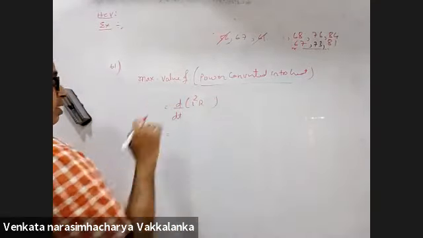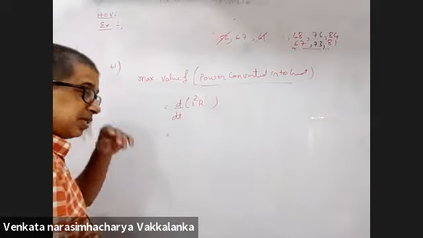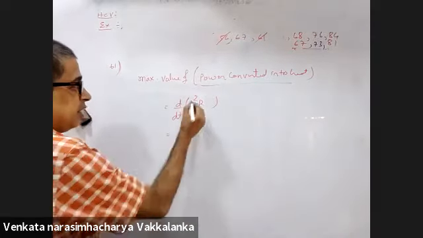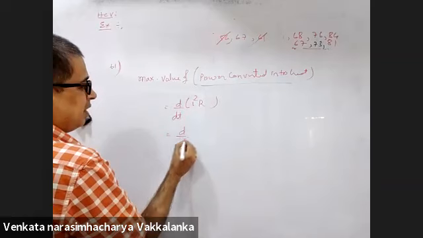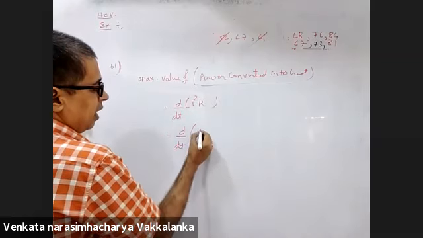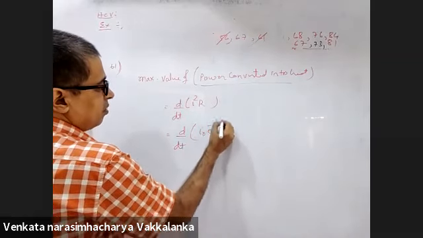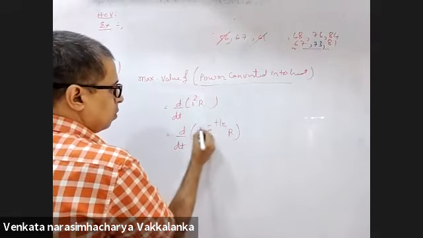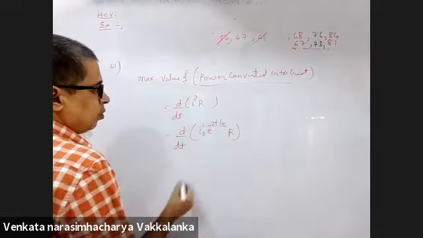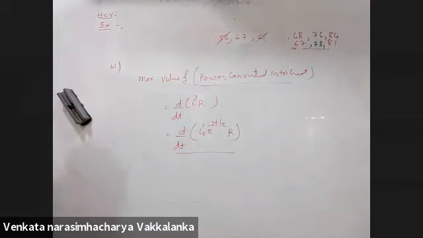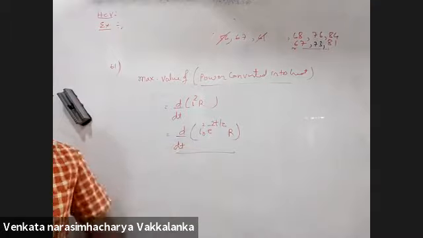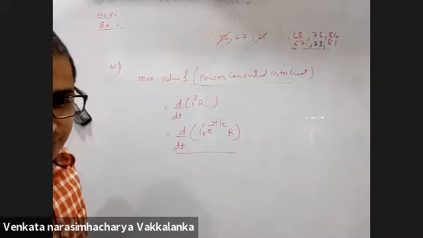I square R is power, maximum value of power converted into heat. I will be I naught e to the power minus t by tau. So I naught square 2t. Differentiate this, you get the answer. Rather, equate it to 0, you get the time. Resubstitute the time, you will get the maximum value of the power converted into heat.